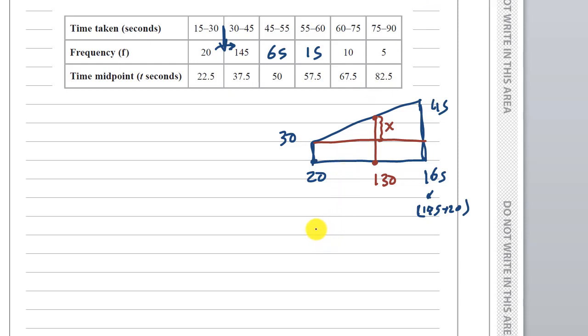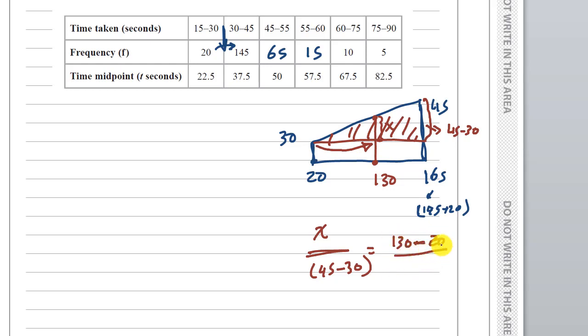For this triangle, x is divided by this value, which is equal to 45 minus 30. So x divided by 45 minus 30 is equal to this value here, which is 130 minus 20, divided by the whole value here, which is 165 minus 20.